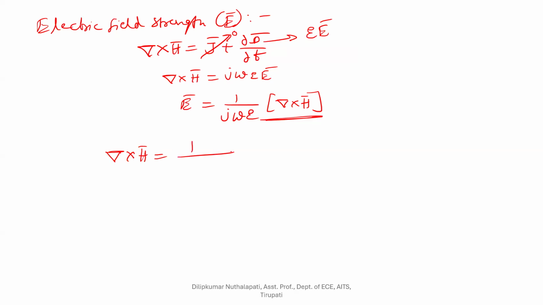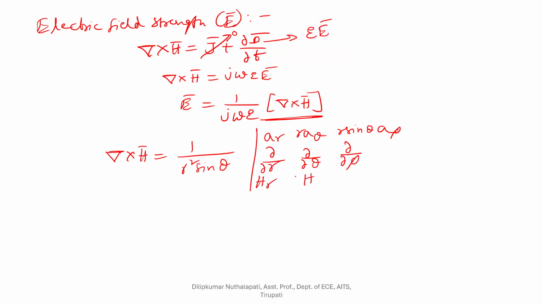That is, del cross H bar is equal to 1 by r square sine theta into the components a r, r a theta, r sine theta a phi, dou by dou r, dou by dou theta, and dou by dou phi, and field components H r, r H theta, r sine theta H phi. If we expand these terms, we can get an equation.